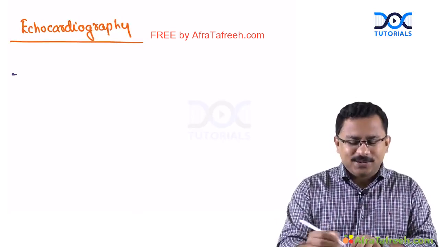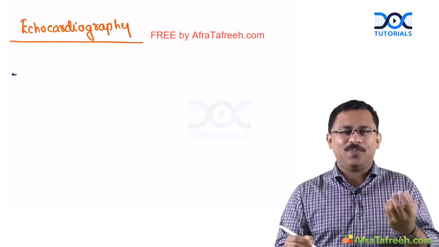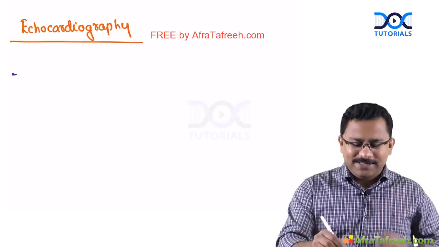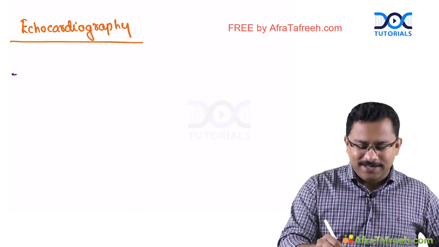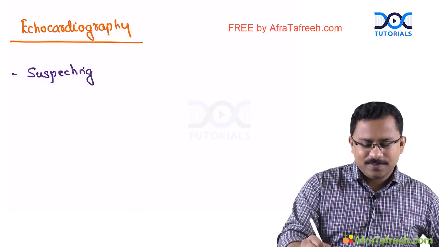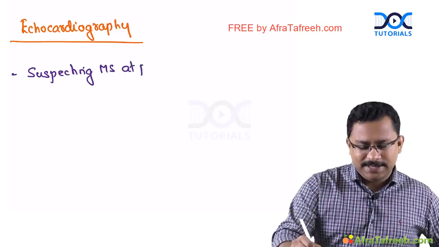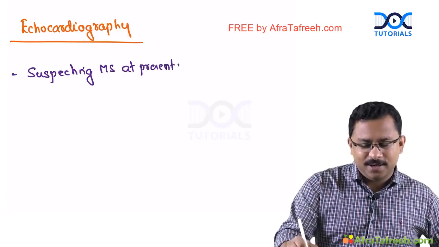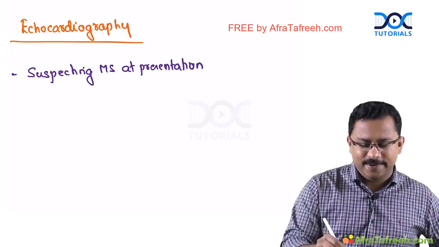So what are the scenarios in which you will go for echo? In all patients in whom you are suspecting MS, at presentation you will definitely require an echo to confirm it.